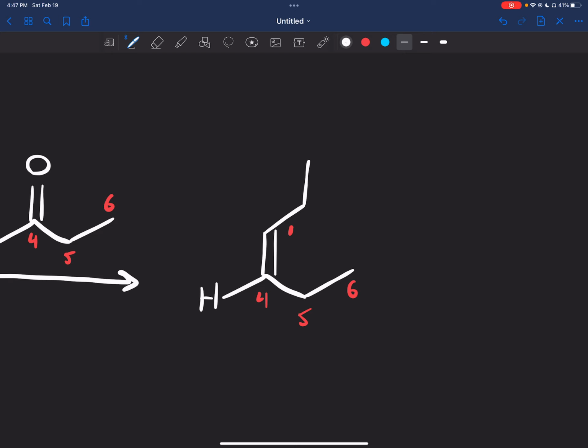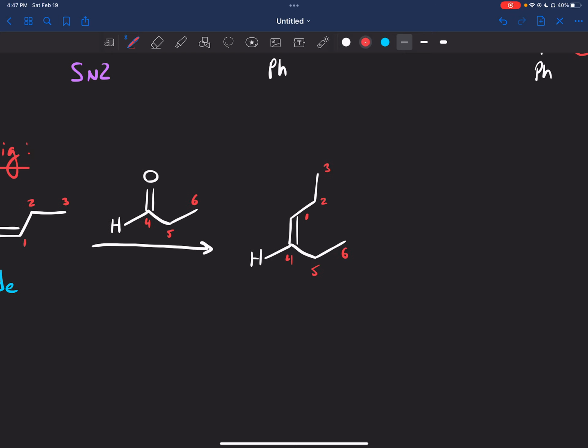So let's say I drew it like this. In this case, if you divide the double bond in half, both of these groups are on the same side, and so that's a Z double bond.